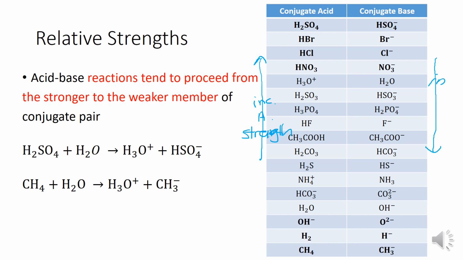So again, we have here increasing base strength, such that sulfuric acid, hydrobromic acid, hydrochloric acid, and nitric acid, which are considered strong acids, have the conjugate bases hydrogen sulfate, bromide, chloride, and nitrate, which are considered weak bases.